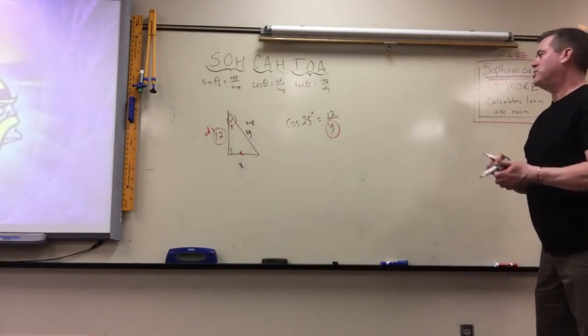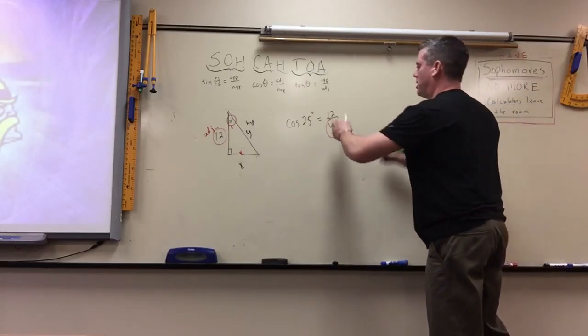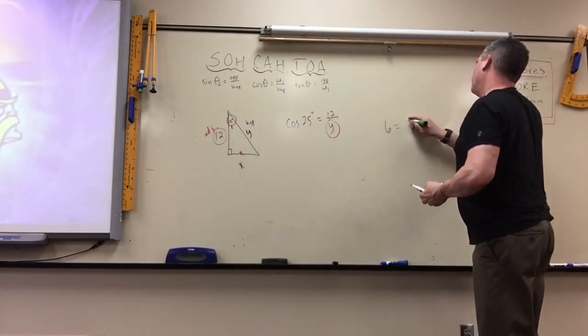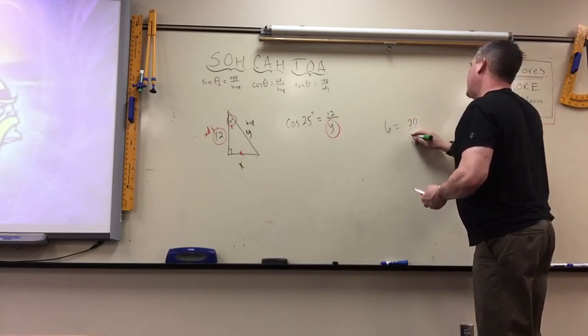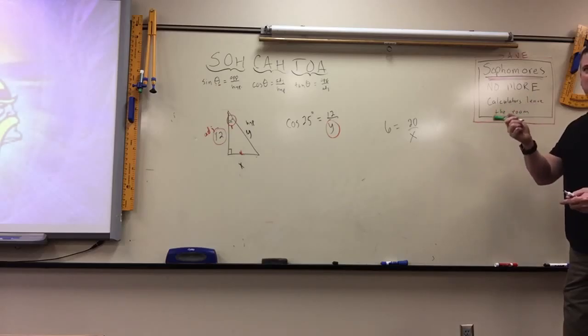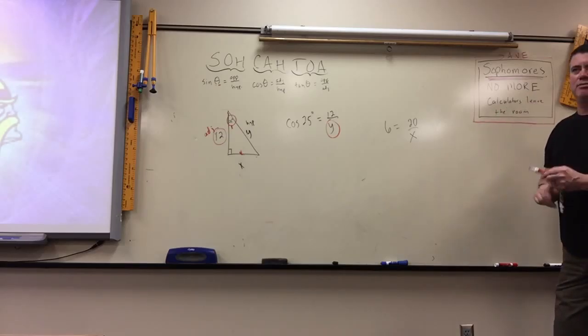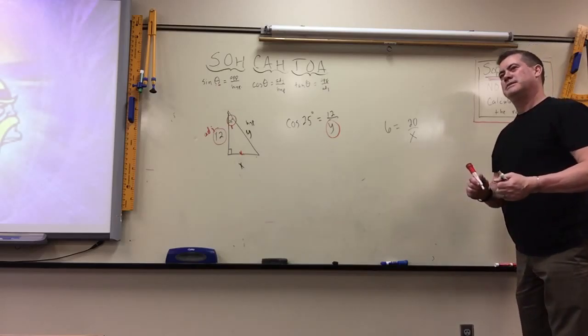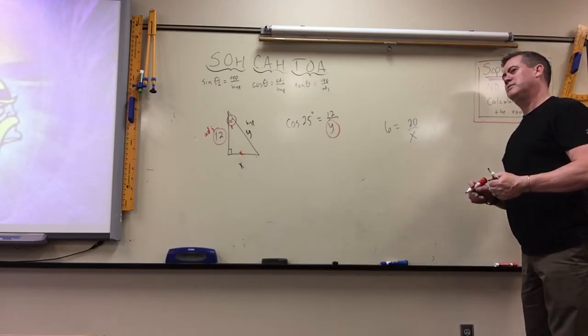So if you think back to when we've had equations before, I'm just making this up, nothing to do with that now. If you had 6 equals 20 divided by x, what would you do on this equation to get x all by itself? Divide by what?